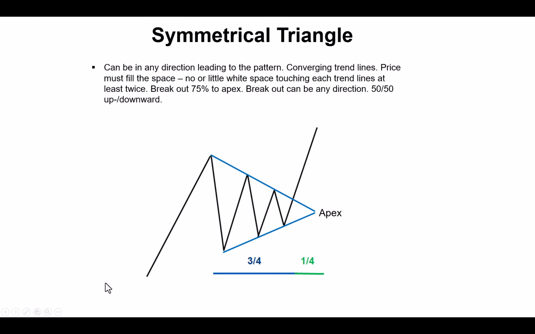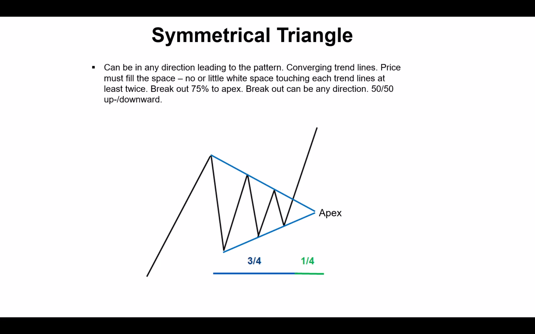You can see that price moved up, and then suddenly it just whipsawed in a narrower and narrower movement, and you can then draw two converging trend lines and wait for breakout, usually around 3/4 or 70% of the way to the apex, and the apex is where the two lines meet.